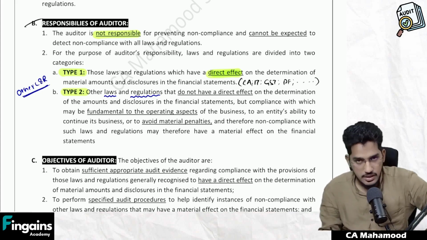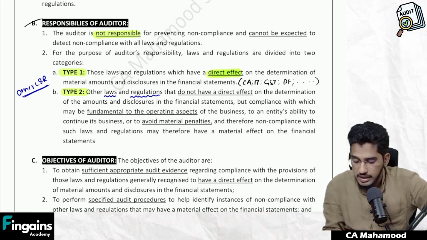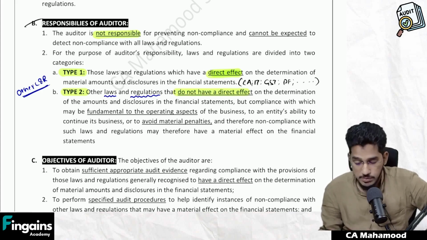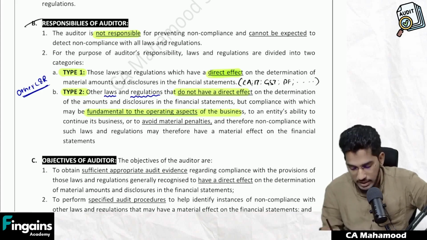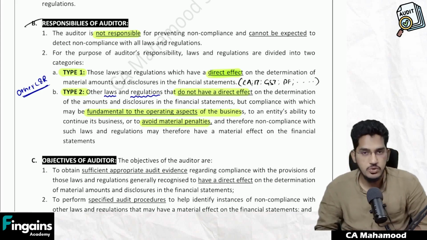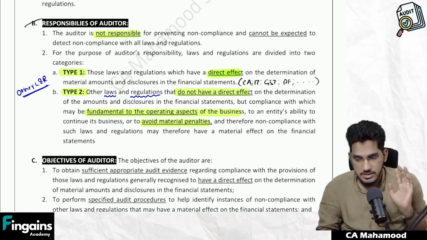Those other laws and regulations which do not have a direct effect on the determination of amounts and disclosures in the financial statements, but still compliance with which may be fundamental to the operating aspects of the business, that is, to an entity's ability to continue the business, or to avoid material penalties. That means even though they don't have any direct effect on amounts and disclosures, compliance is still required.